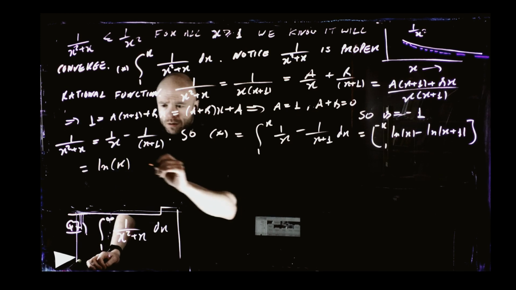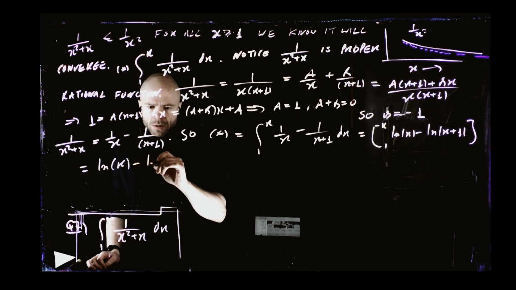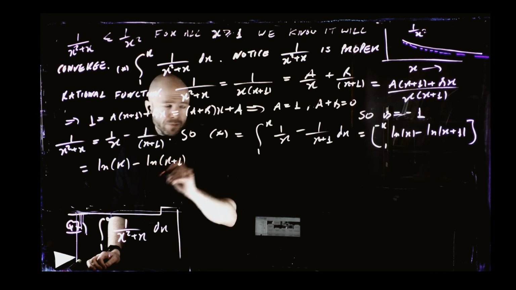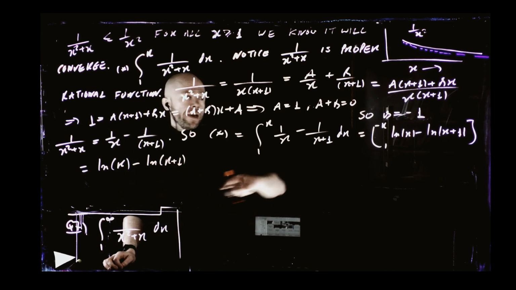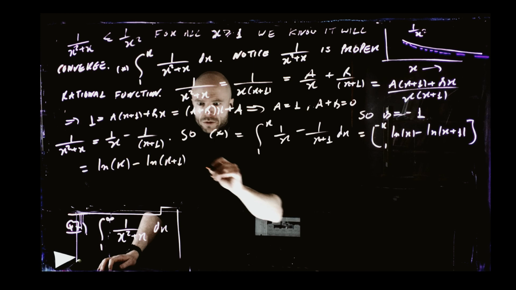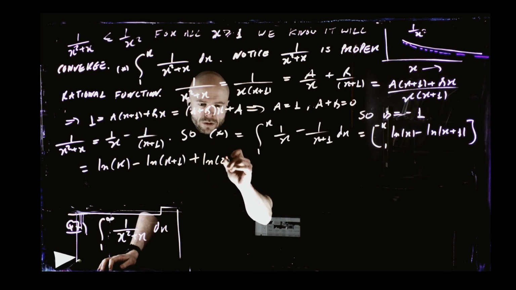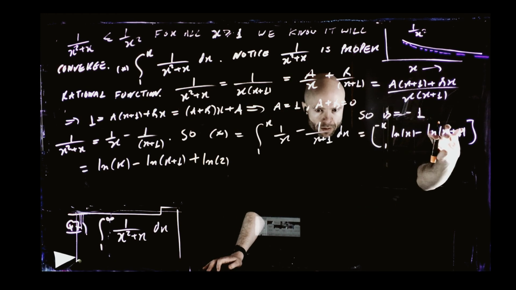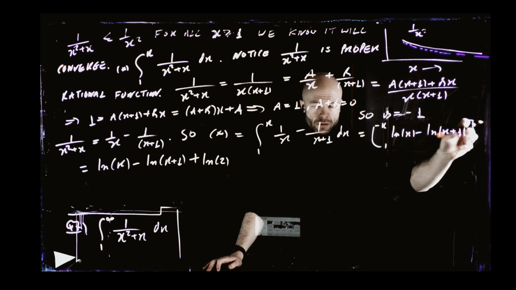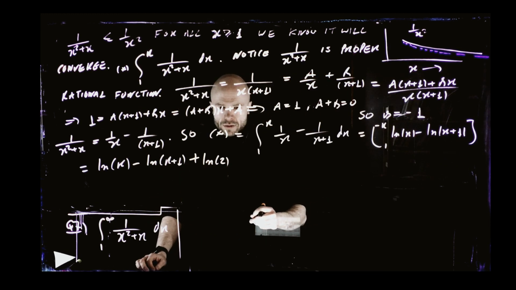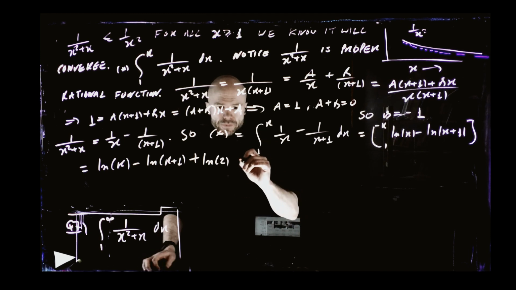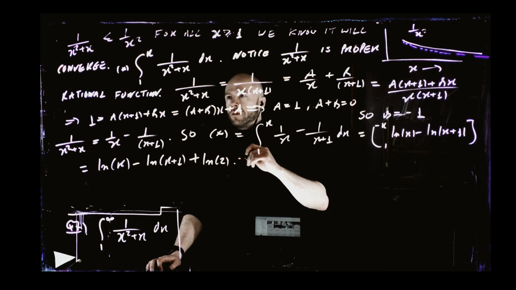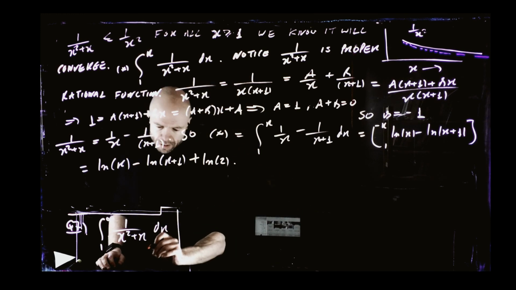Log of 1 is 0, so there's nothing there. And we have log of r plus 1, and then minus log of 2, so it's plus log of 2. So we put the brackets around here. We'll have log of r plus 1 minus log of 2, but then it's minus, therefore it's plus.